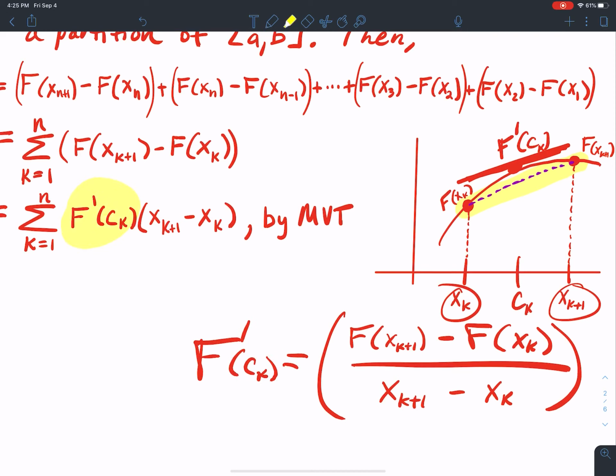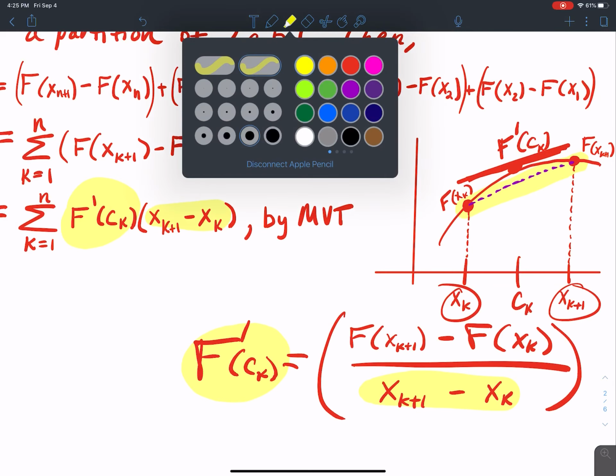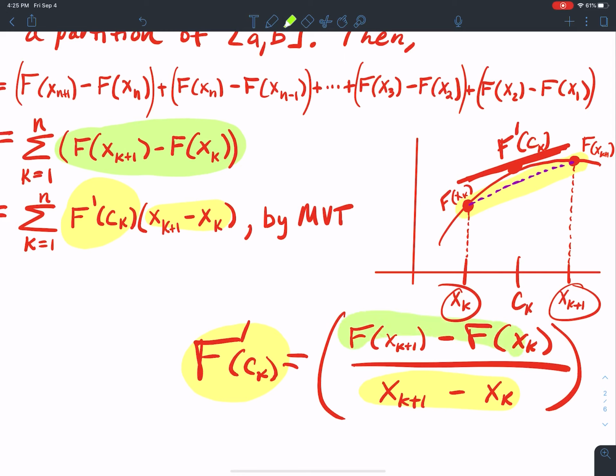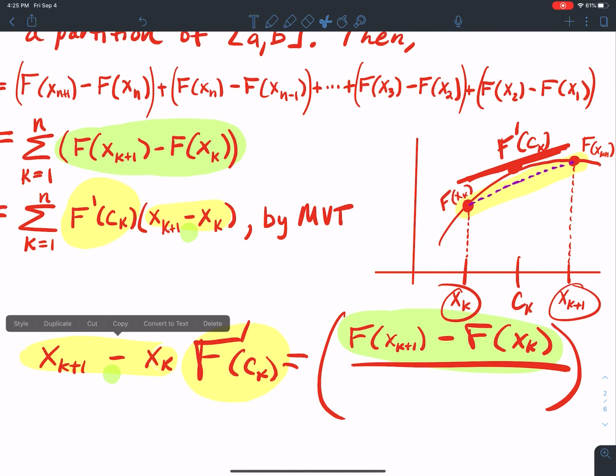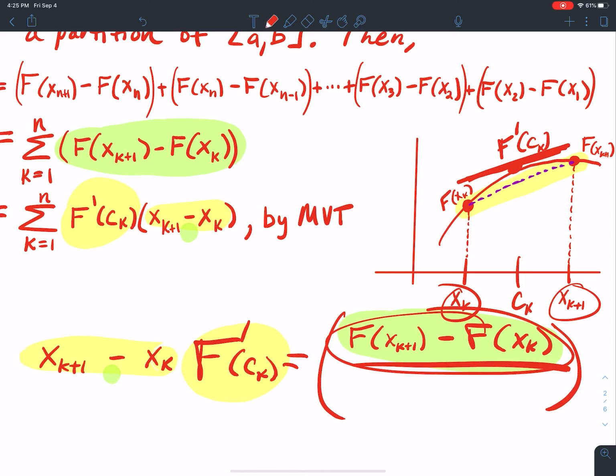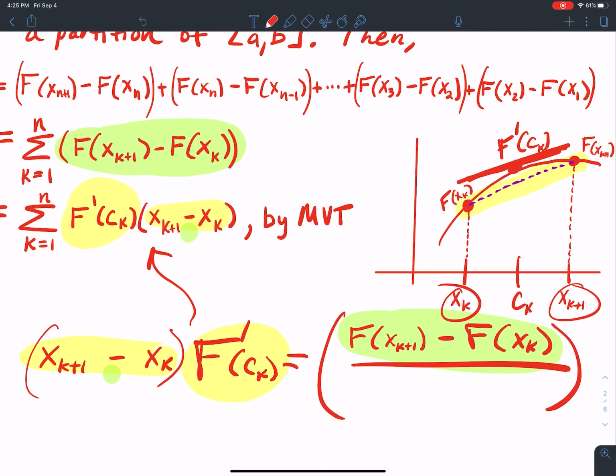That F prime of ck is right here, but I also multiply both sides by this so that I can solve, because remember, I originally wanted to get this by itself, right? So I multiply both sides by this so that I can get that by itself, and now I have this by itself. Okay, so that's what's going on there. That's how we get from the green to the yellow.